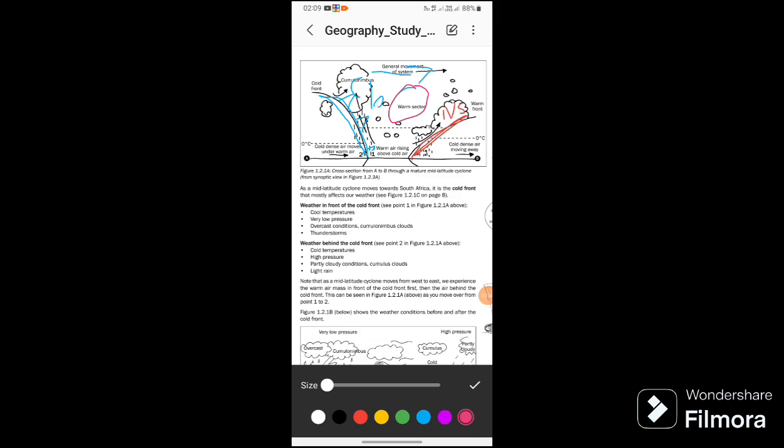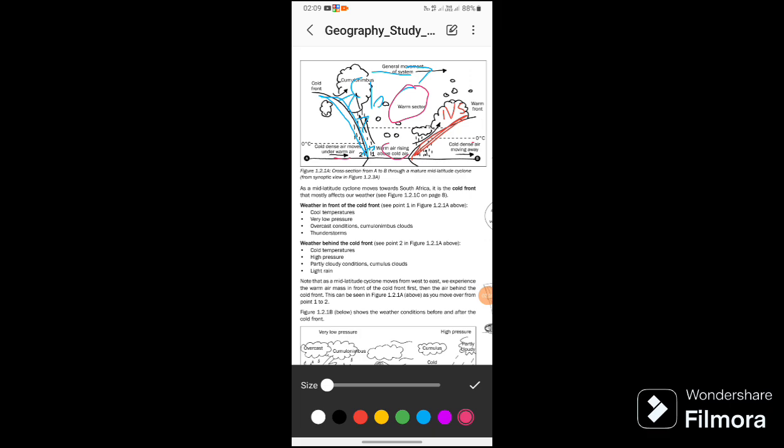Then cold air moves under the warm air. Then warm air rising above the cold air, and cold dense air moving away.